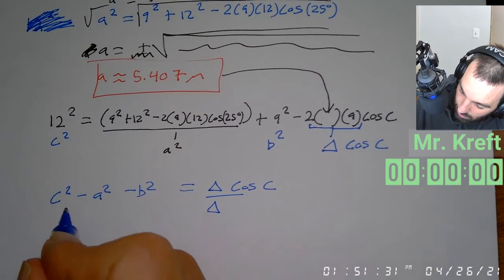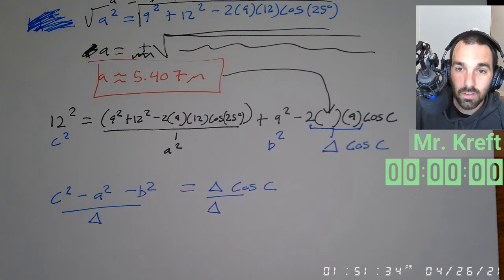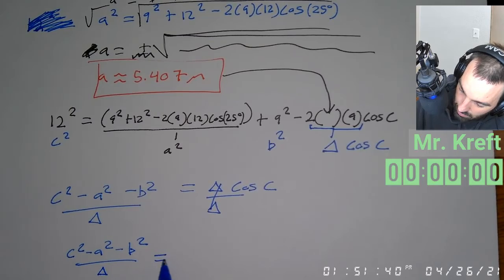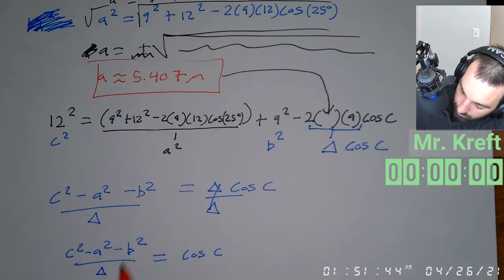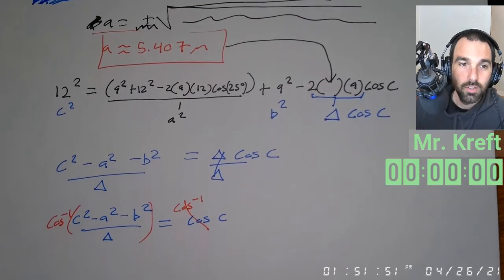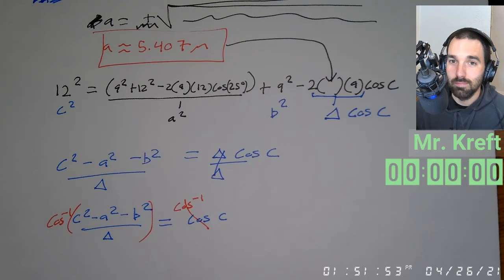Then I'm going to divide both sides by triangle. So I have c squared minus a squared minus b squared over triangle equals cosine of c. And then I'm going to take cosine inverse of both sides. So that's how you speed things up.